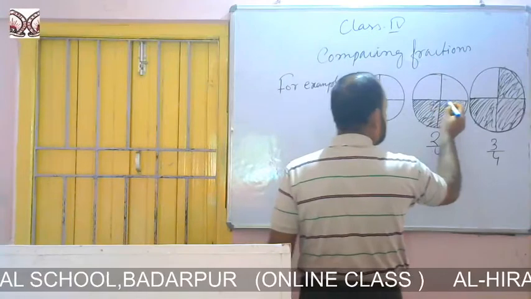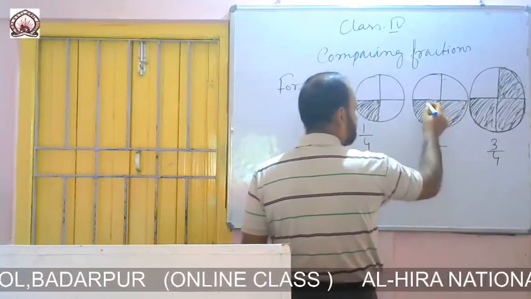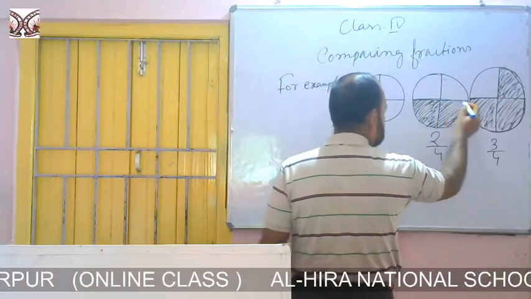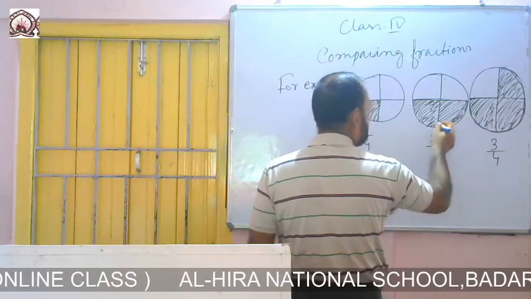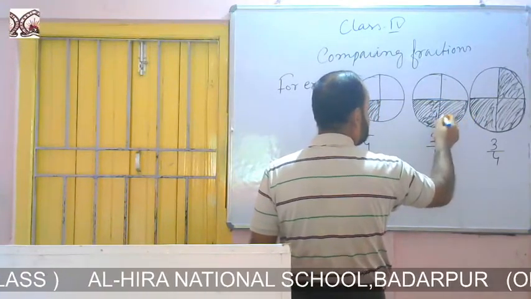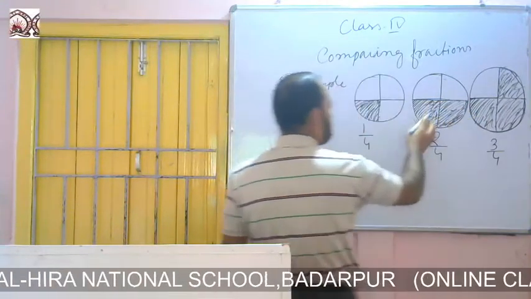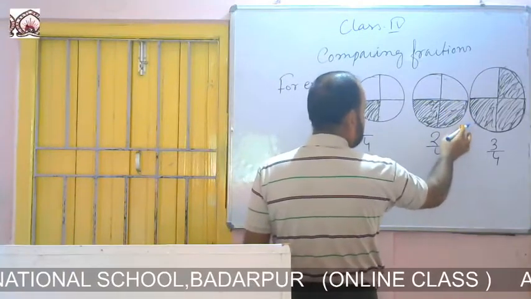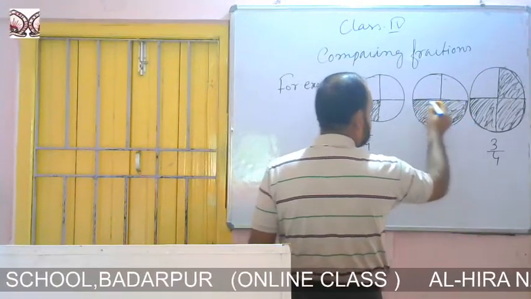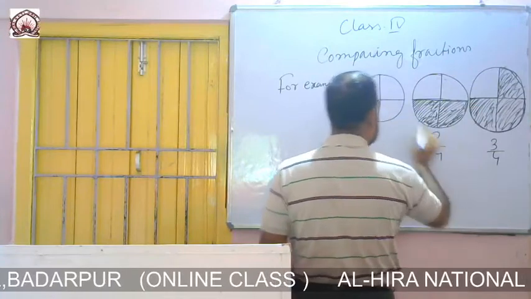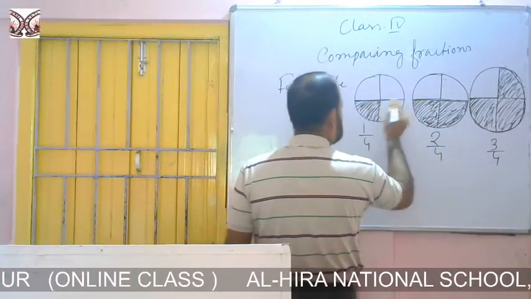Next we see 2/4. That means up to this much of this circle is representing. Next this one is greater. Next which one? This one.